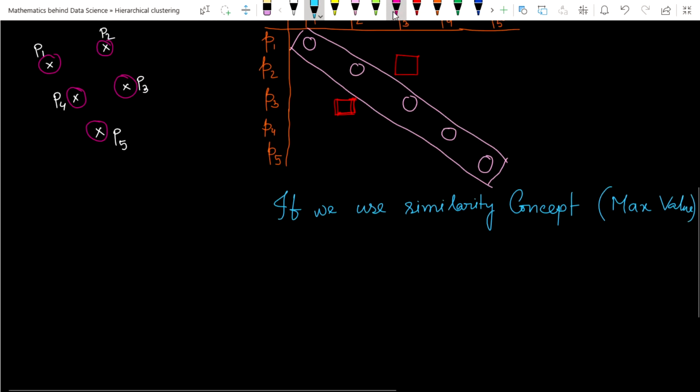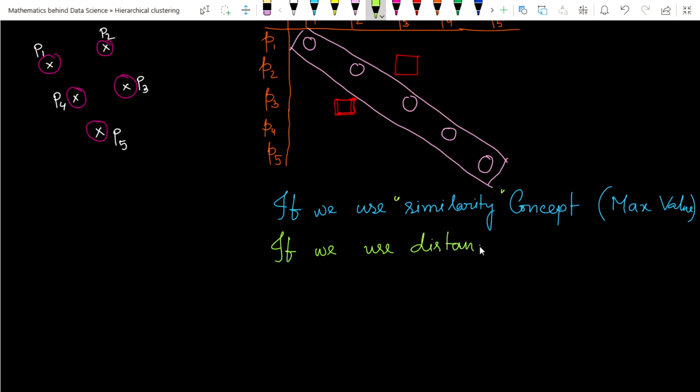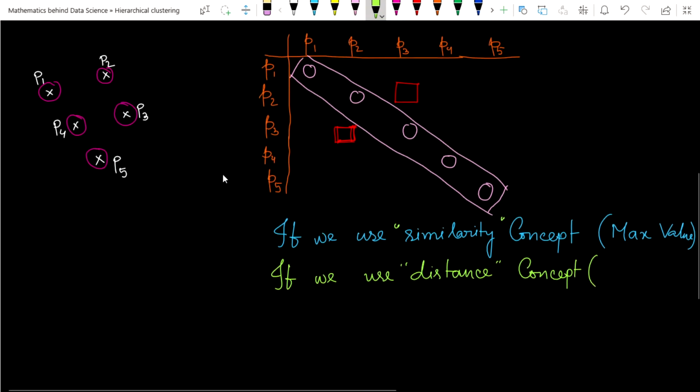If we use the distance concept, then we will use the minimum distance between each cluster.